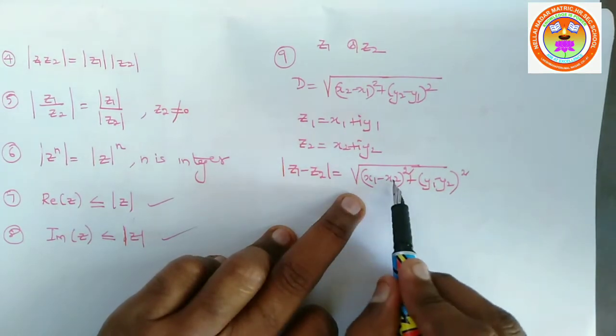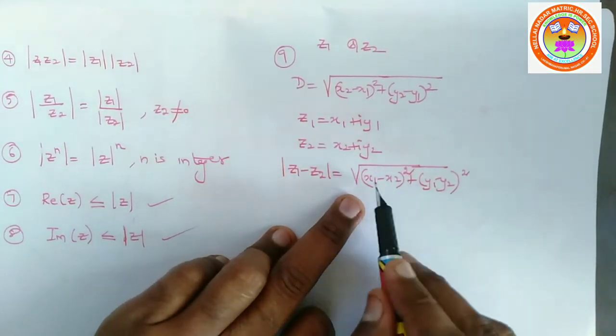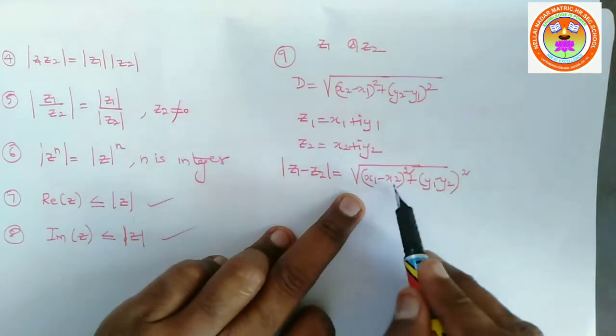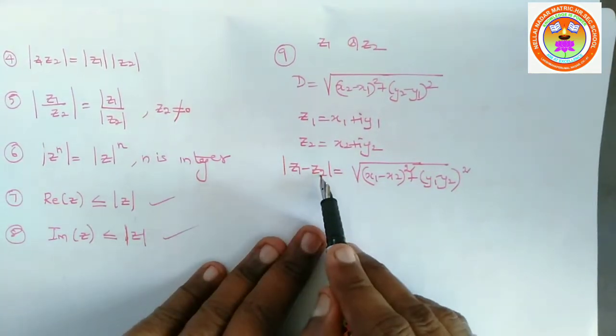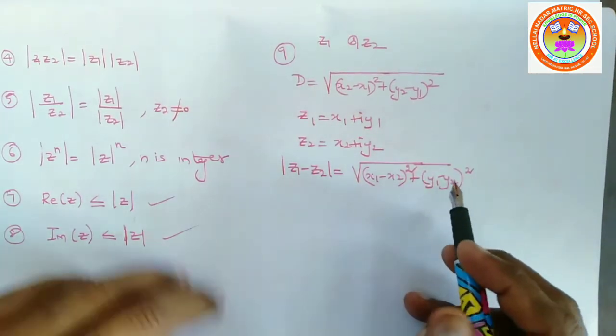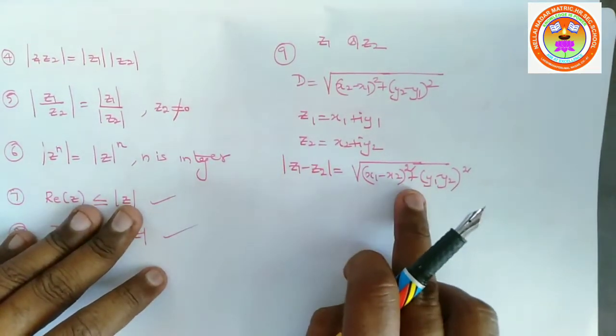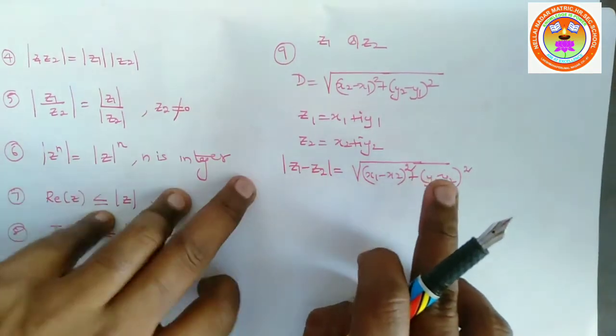You can write x2 minus x1 also, no problem, because it is squared. But since I wrote Z1 minus Z2, use x1 minus x2 whole square plus y1 minus y2 the whole square. This is a must.